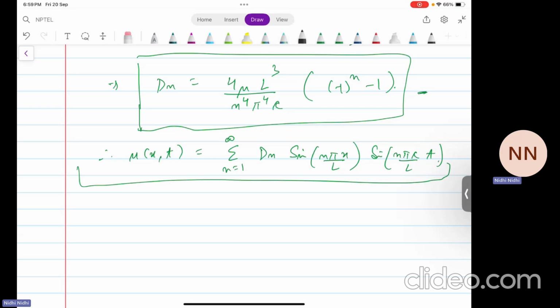Similarly, we have the next question, question number 3. Solve the following initial boundary value problem.